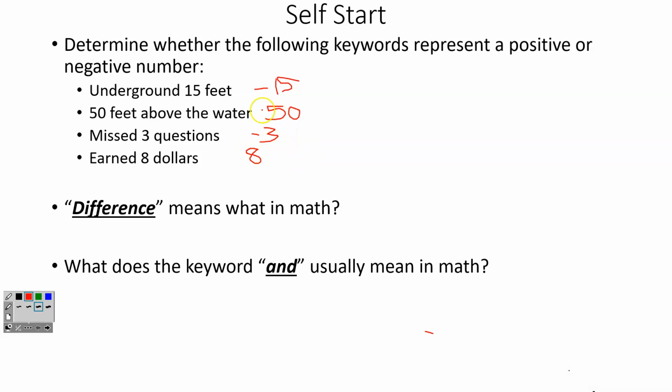On the positives, it's okay not to put that plus sign or positive sign. If you just leave it like that, either way is okay. The word difference means what in math? Hopefully from yesterday, if you watched that video or were in school, you remember that difference means to subtract.